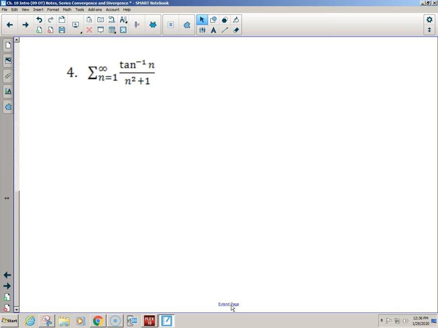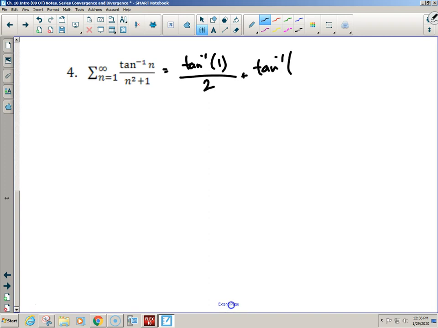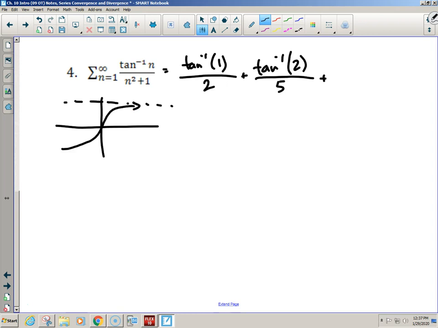Oh, you gotta be kidding me. Wait a minute, I'm really thinking about tangent inverse values. Do we know tangent inverse of 1? Pi over 4, right? Over 1 squared plus 1 is 2. Do we know tangent inverse of 2? No. But what do we know about tangent inverse, even though we don't know tangent inverse of 2? It's going up, but at slower and slower increments, right?